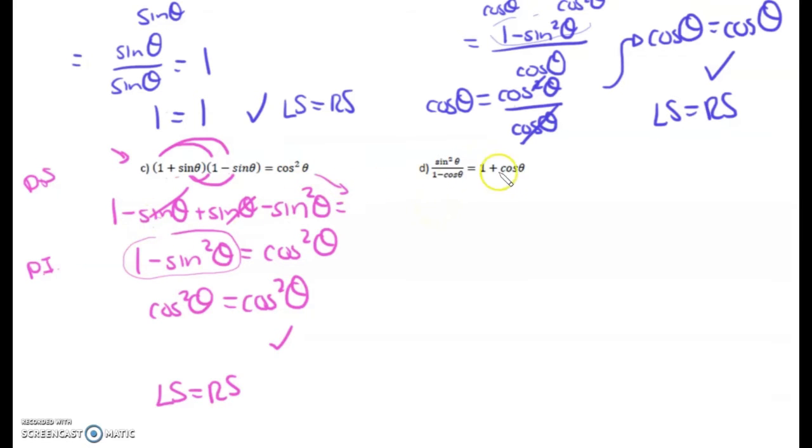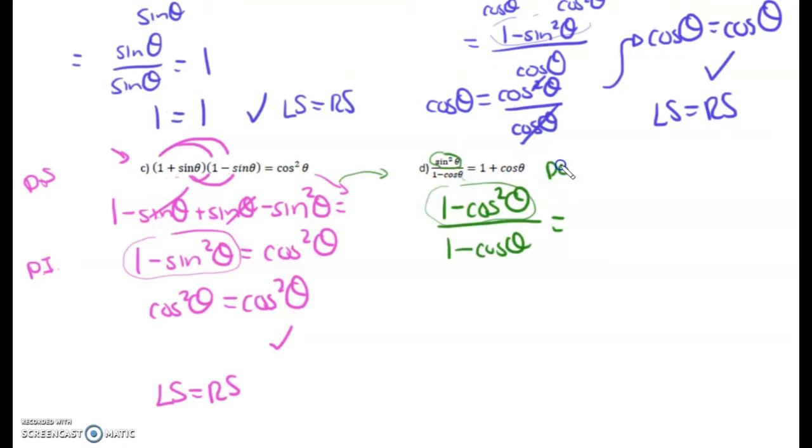Okay, and then D. So we have sine squared theta over 1 minus cos theta equals 1 plus cos theta. Okay, so I'm going to substitute in 1 minus cos squared theta in the numerator, all over 1 minus cos theta. Okay, I know, especially from the previous example, I can actually factor this.